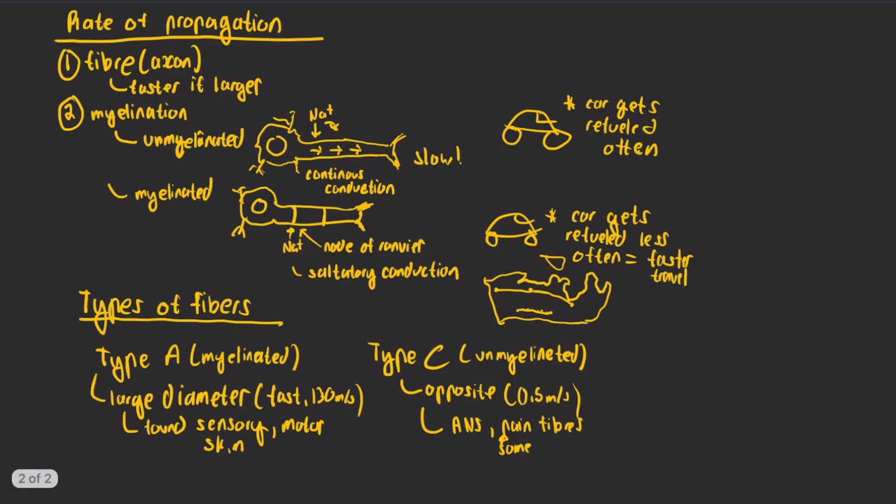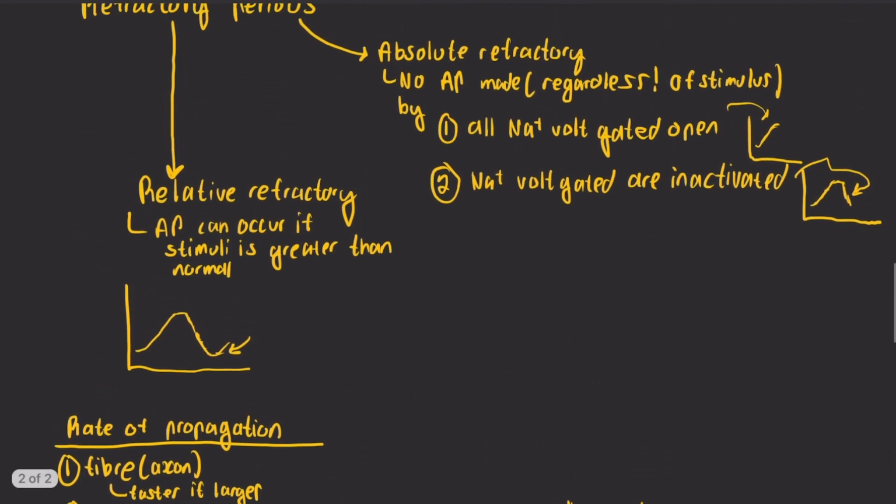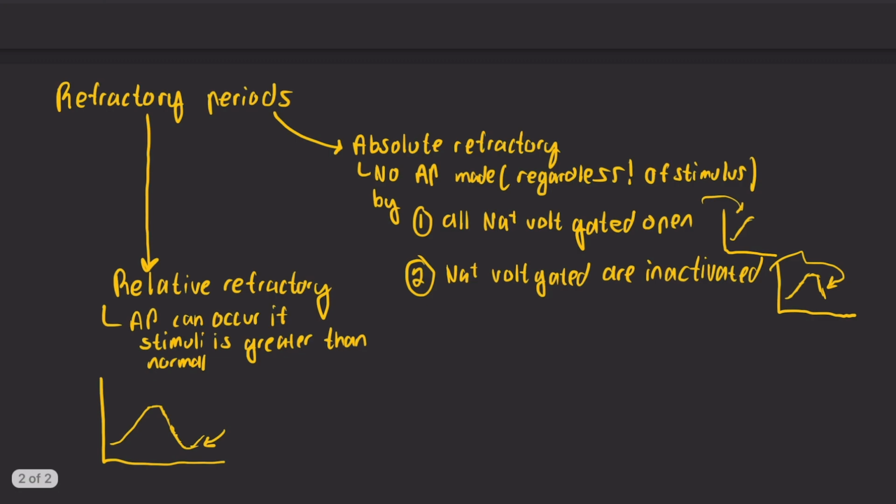So today we've learned how the action potentials work in a step-by-step process. We mentioned how there are factors affecting the propagation of that action potential. We've looked at the fibers, the idea of myelination, how they travel between unmyelinated versus myelinated, and we've looked at other influences such as refractory periods on the different phases of action potentials.